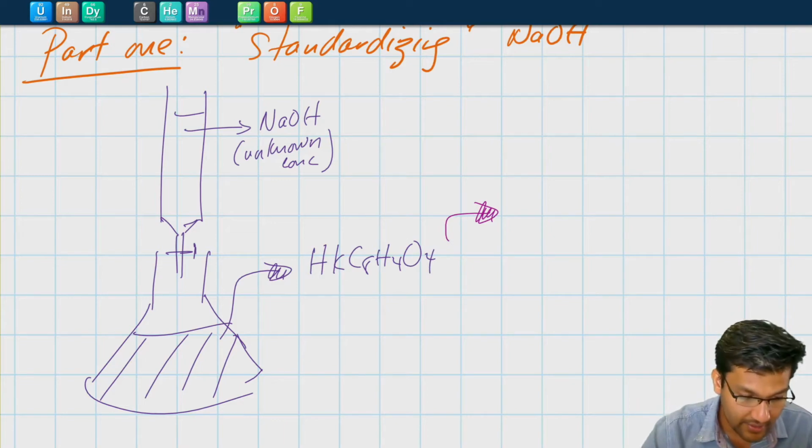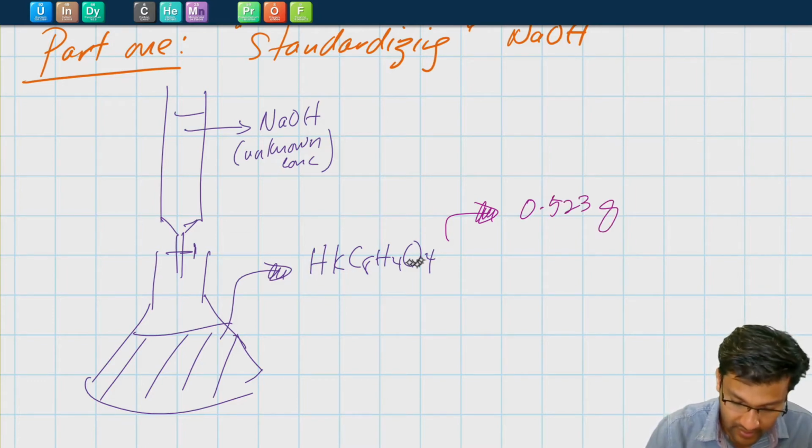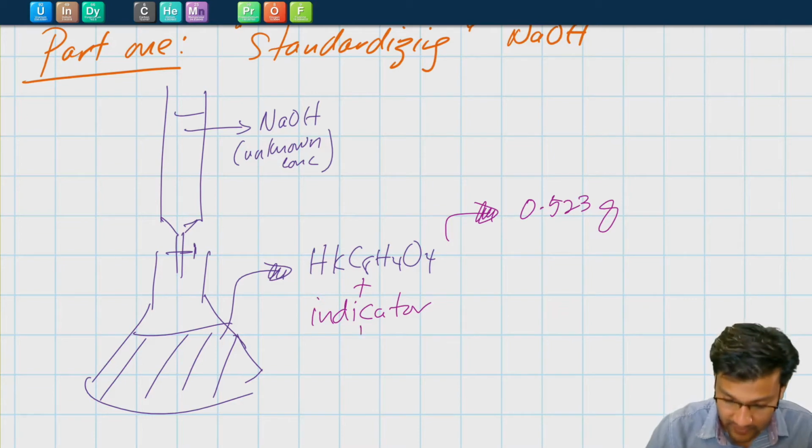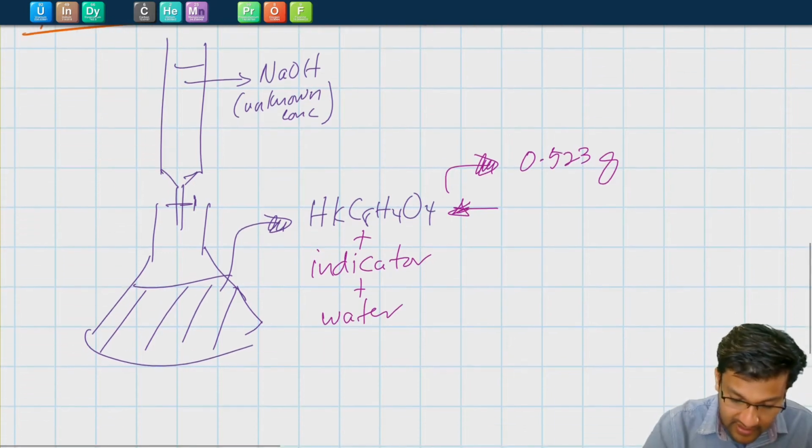So let's say we measured and it has about 0.523 grams. And then, as I mentioned earlier, we're going to add indicator to know when the reaction's over, and we're also going to add water to just dissolve the solid acid that we use. So this is what we're going to set up.